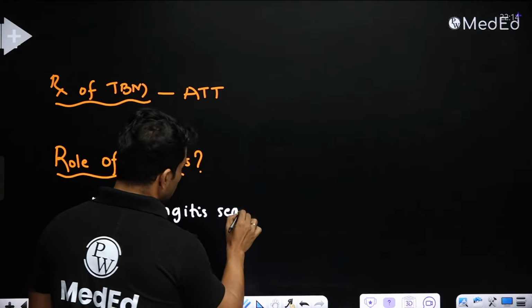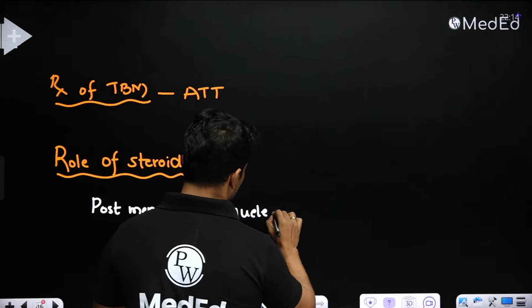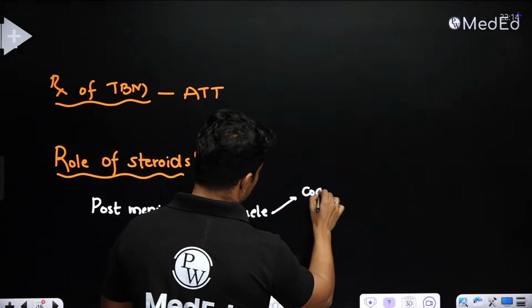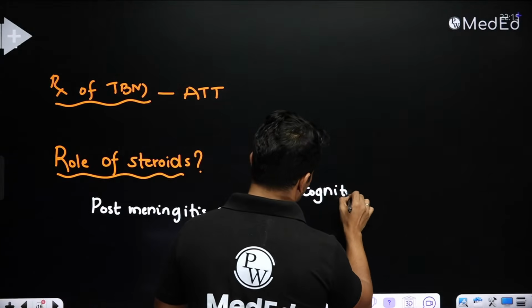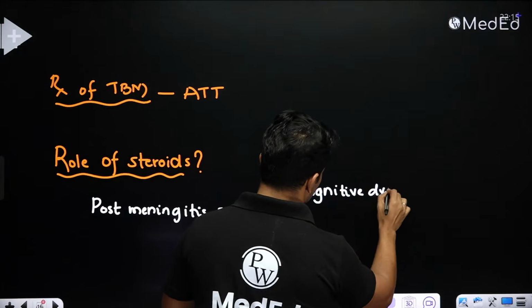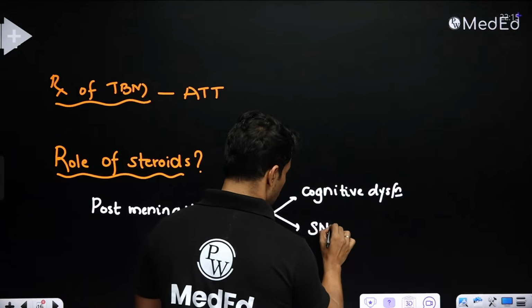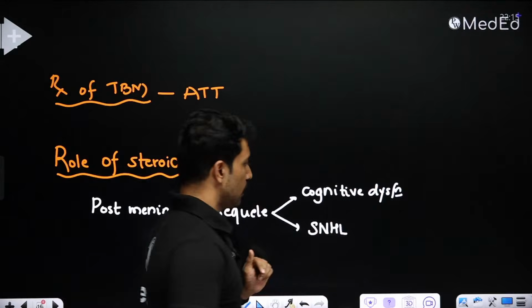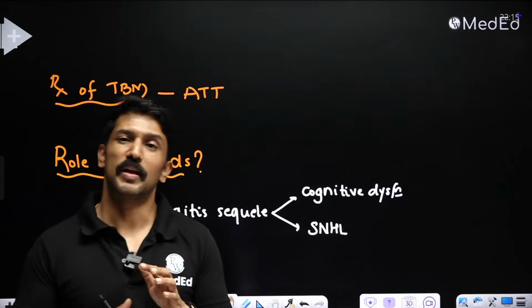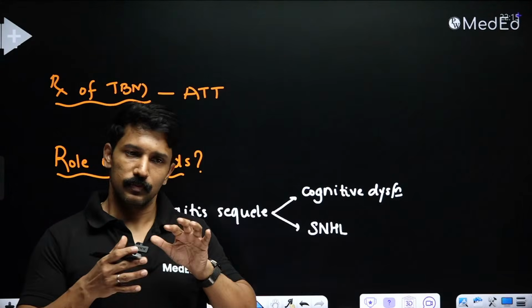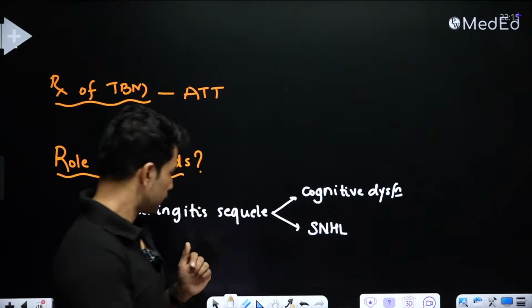There are plenty of them. The common ones that an undergraduate student needs to remember are cognitive dysfunction or decline in the higher mental functions. And the second one is going to be sensorineural hearing loss, particularly more common with bacterial meningitis, particularly more common with a select set of bacteria.